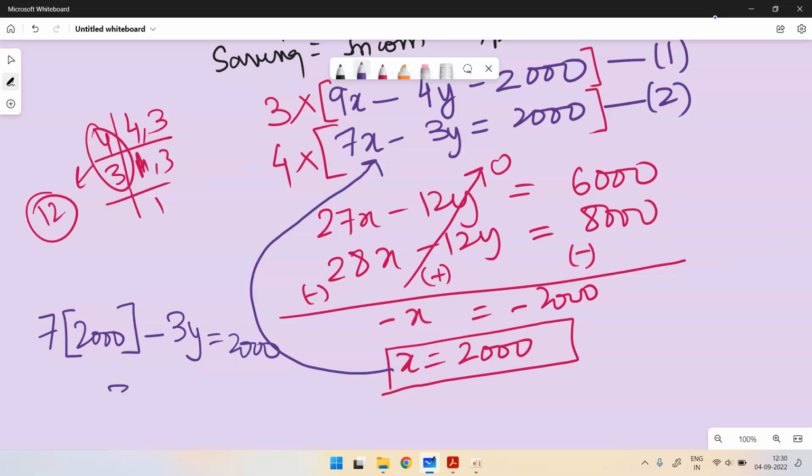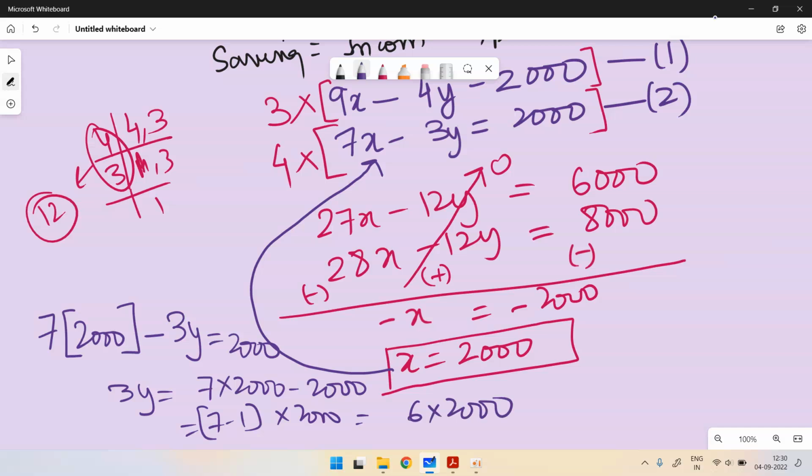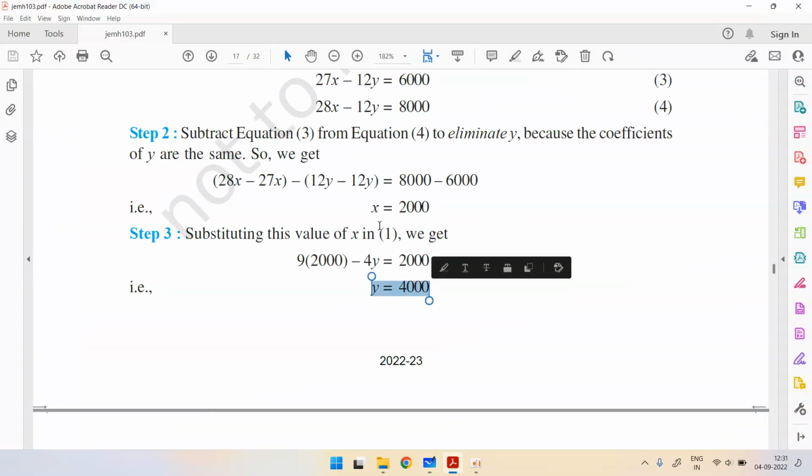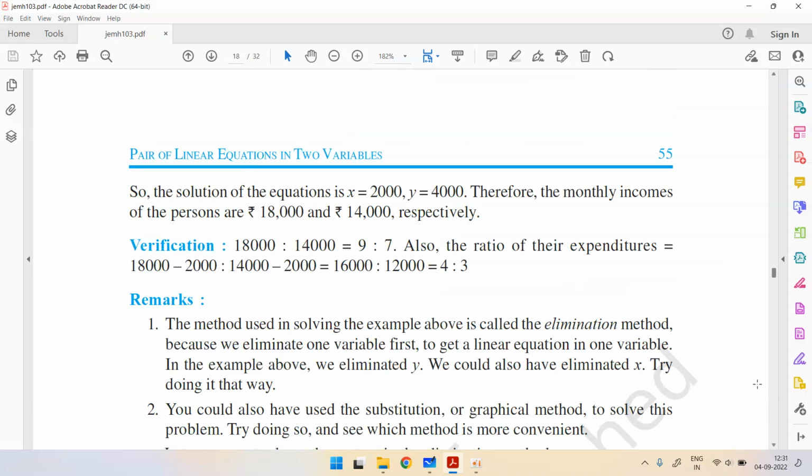So 3y equals 7 into 2000 minus 2000, which is nothing but 7 minus 1 into 2000, 6 into 2000. So y equals 6 into 2000 by 3, which becomes 4000. So y is 4000, x is 2000. It is the answer.